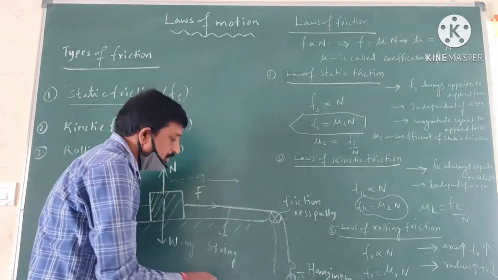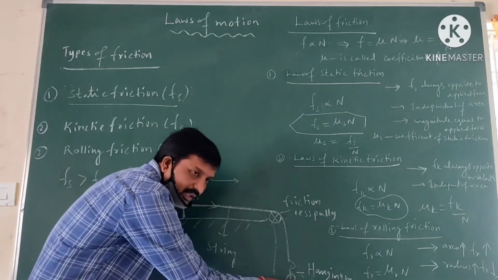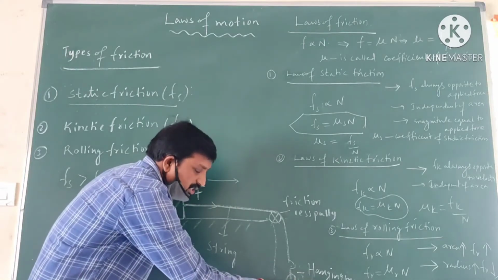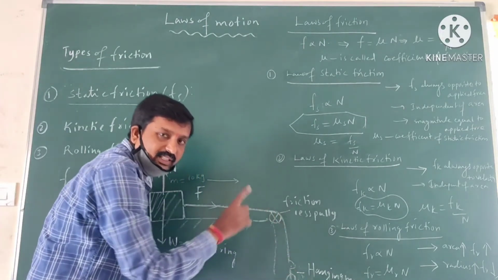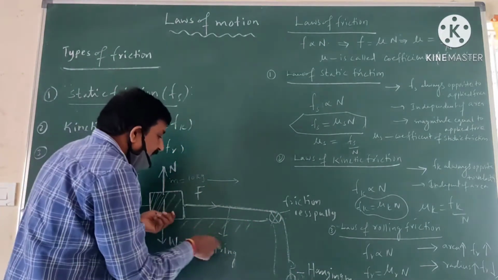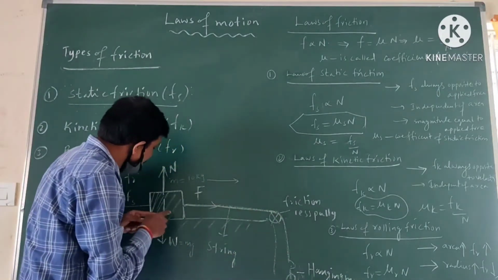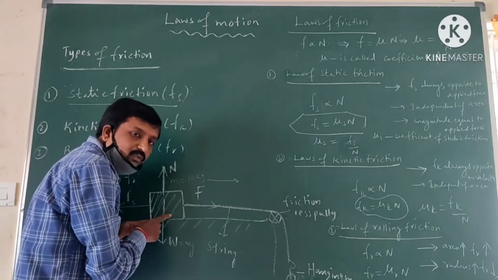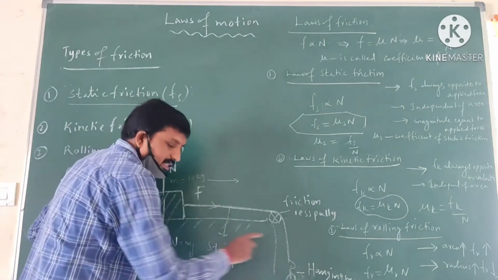So now we gradually increase the hanging mass from 5 kg to 6 kg, 7 kg, 8 kg, 9 kg, up to 10 kg. What happened when we increased the applied force or hanging mass? The friction force also increases up to 10 kg.